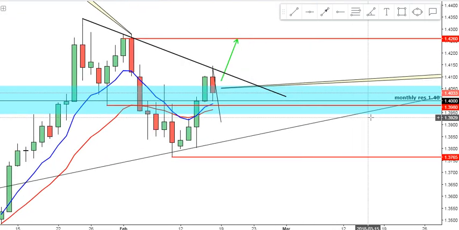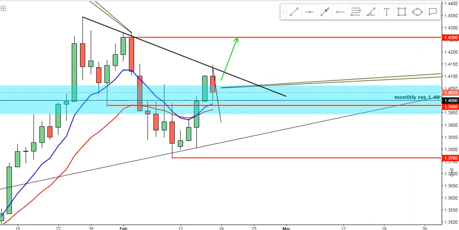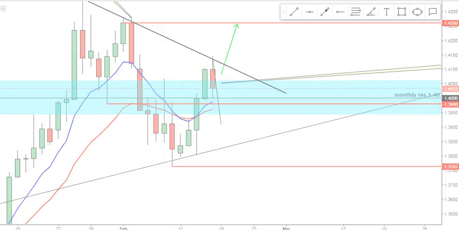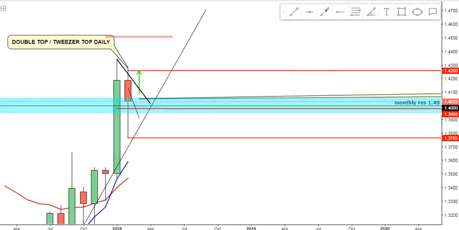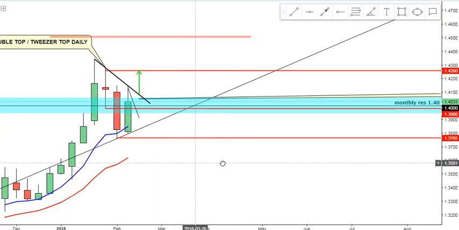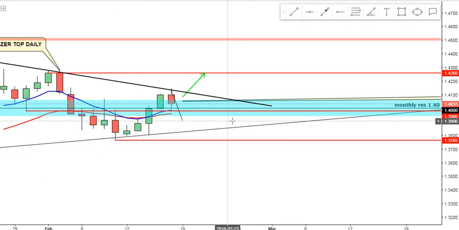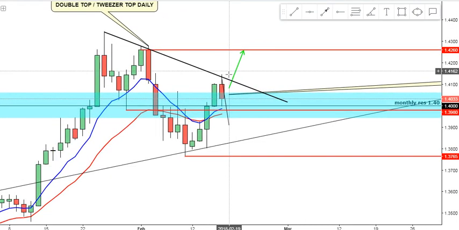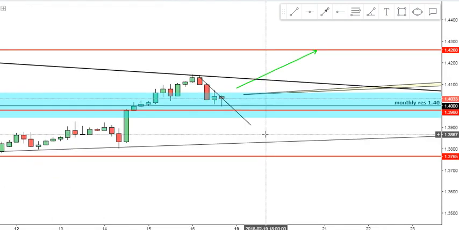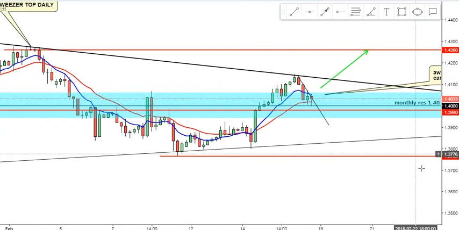Currently on the daily we're above the moving averages, so let's go back and remind ourselves we're above the moving averages on the monthly, above the moving averages on the weekly, and just broke above the moving averages on the daily. We could have milked this move upwards where it broke through. So now we're looking for the price to go just a little bit down. Let's go back to the 4-hour. On the 4-hour, we're just in between the moving averages.